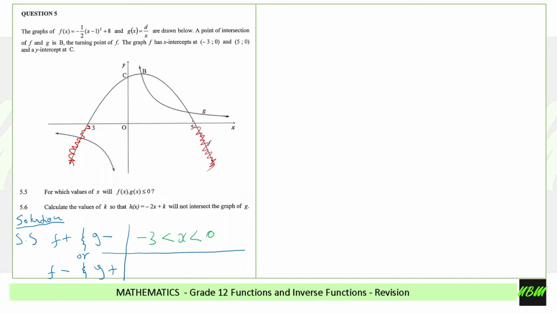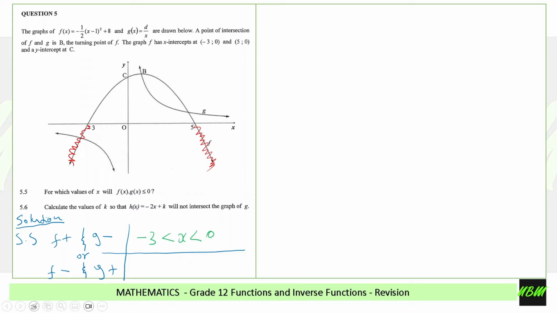So looking at our graph, we can see that at the x-intercept of 5, on the right of 5, that is where f is negative, below the x-axis, and to the right of 5, that is where g will be positive.